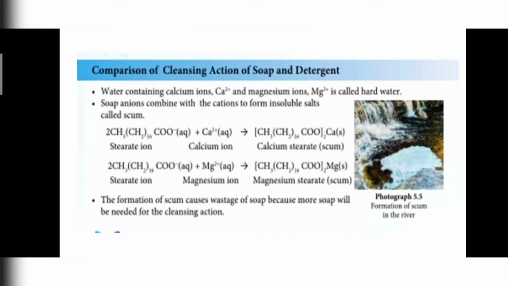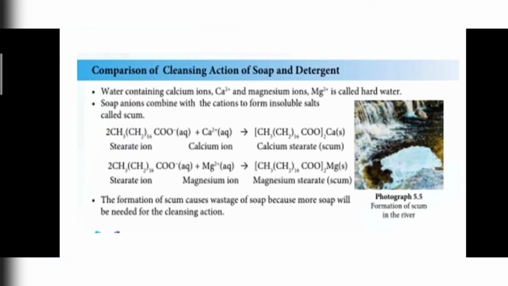Water containing calcium ion and magnesium ion are called hard water. Okay, hard water. Water containing Ca2+ and Mg2+ is called hard water. So soap anion, they are able to combine with the cation, iaitu the Ca2+ dan Mg2+, to form insoluble salt, we called as scum. Okay, for example, stearate ion, ini adalah soap anion.